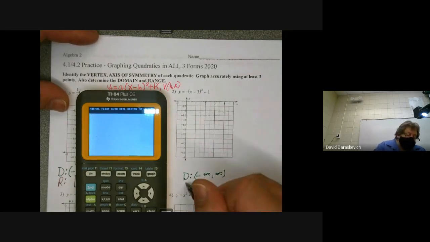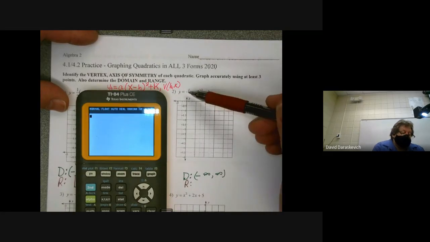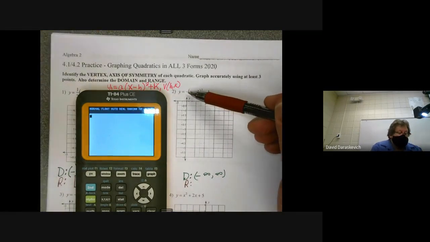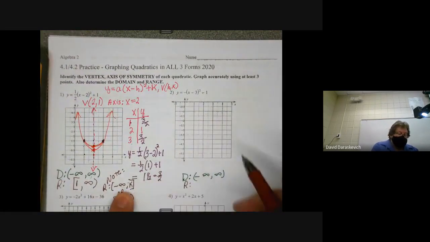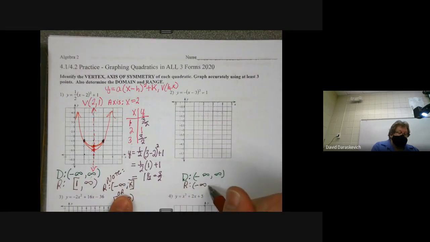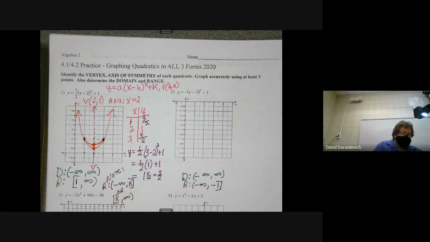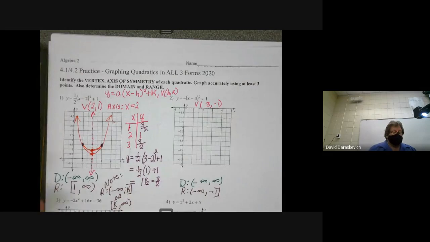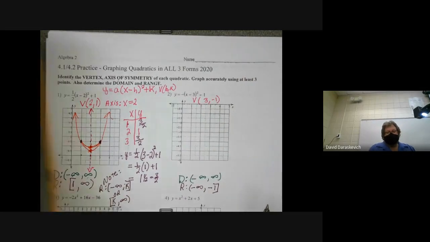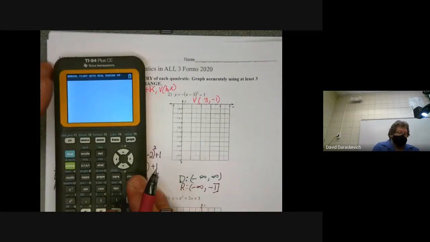Range, since it has a negative sign for my A, I know that it's going to be this situation: negative infinity, K. Negative infinity, and my K here is same sign, -1, which tells me my vertex is going to be 3, -1. Opposite sign, same sign. So that's why I say it's almost easier to do this without a calculator. But we'll go ahead and try it.